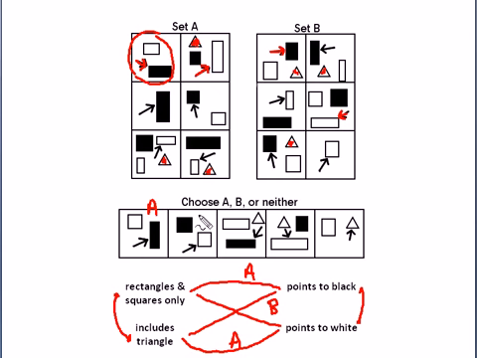So now I can complete these questions. And that last one's a neither because we don't have it pointing to a triangle at all. Once again, the variety appears to be equally spread across both sets, making this a likely candidate to be a compound rule. The simple rules in this case are fairly simple.